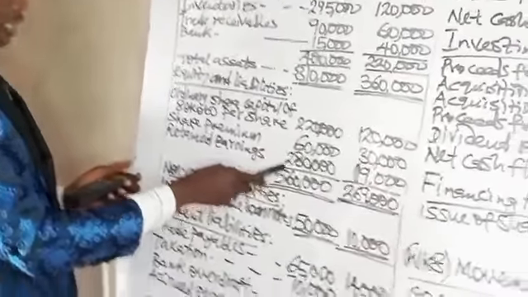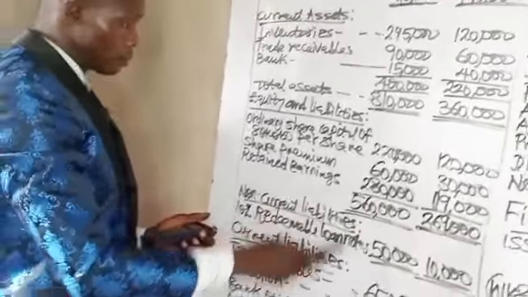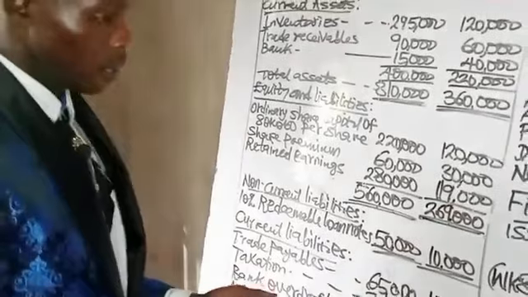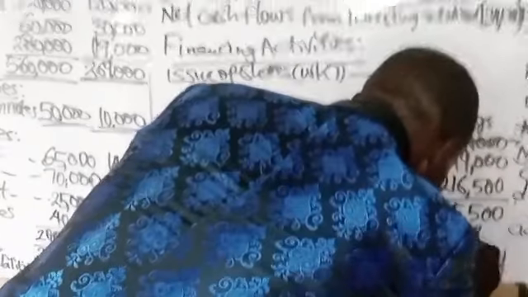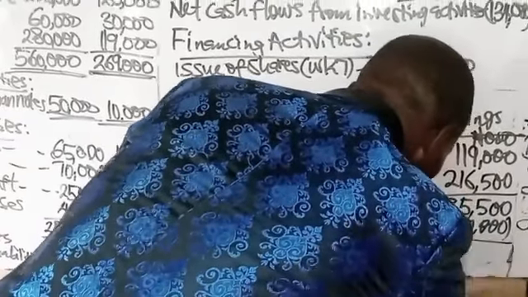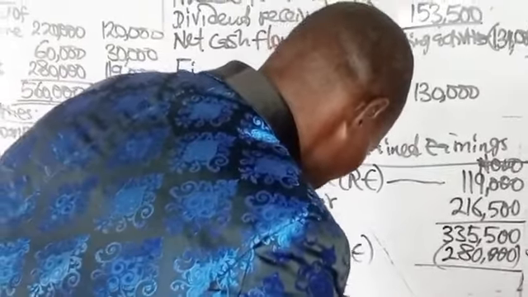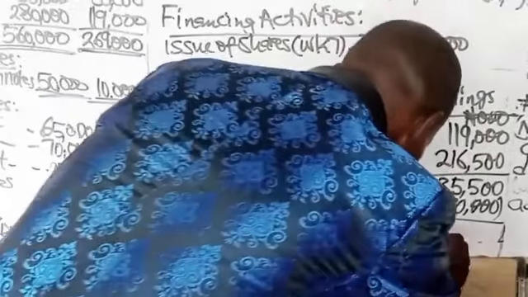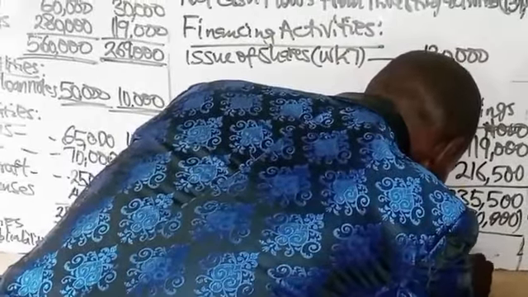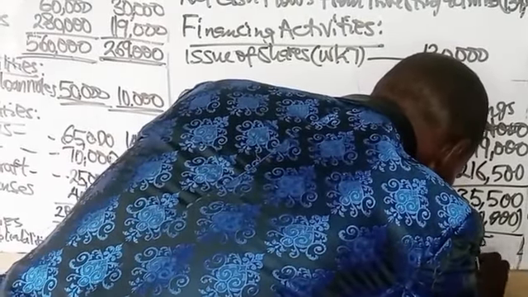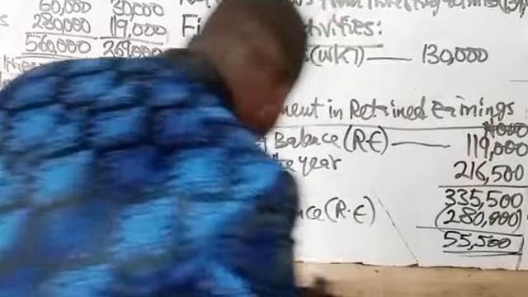We have 280,000. So if you subtract 280,000 from 335,500, the difference is 55,500. That is dividend paid.